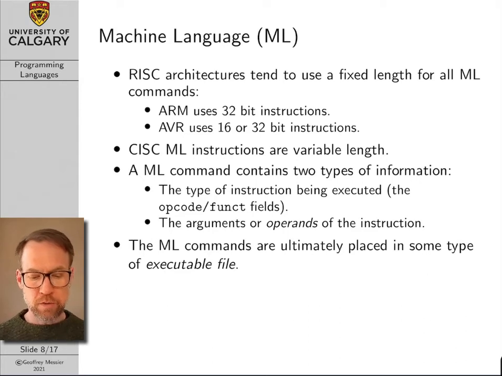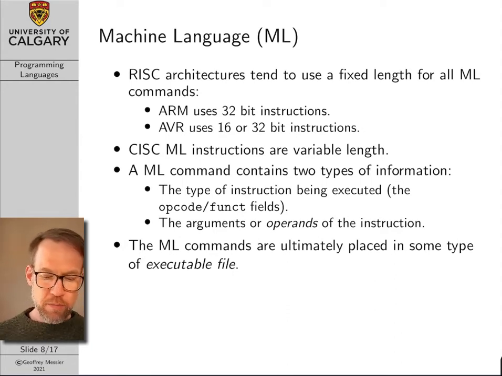So ARM processors use 32-bit instructions, and the AVR architecture mostly uses 16-bit instructions, but sometimes for very complicated commands we'll also use 32-bit instructions. But most of what we're going to be talking about in this class will focus on the 16-bit instructions. CISC machine language instructions are variable length, and the most common example of CISC architectures are the Intel x86 architectures.